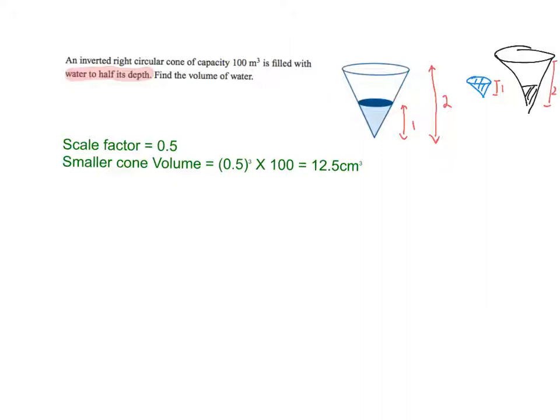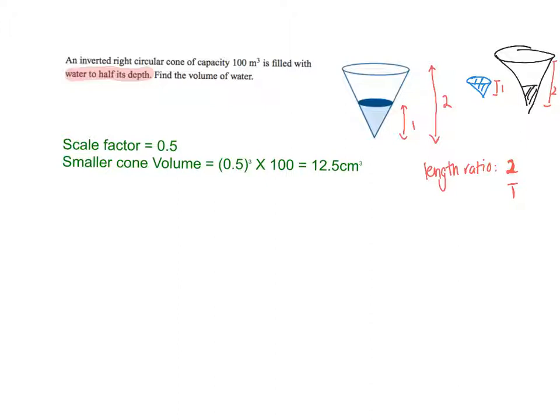So what they're giving you is a length ratio when they say that. Even if I do it this way, I'm going to say it's a 2 to 1. So it's gone bigger. I might use that. Now, they said that the capacity of the cone, when half filled, is 100 meters cubed.